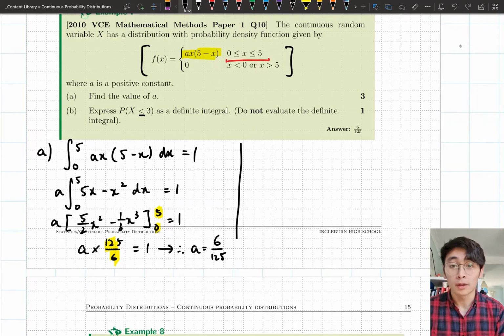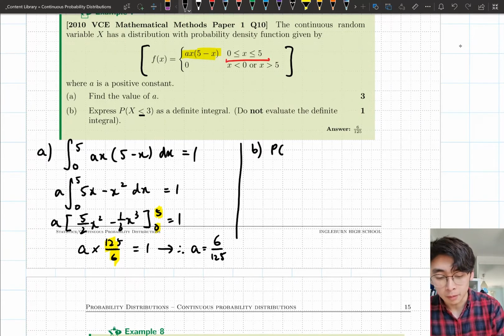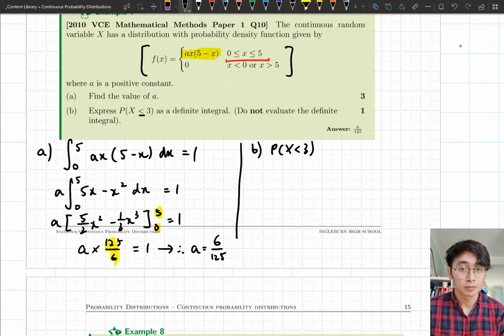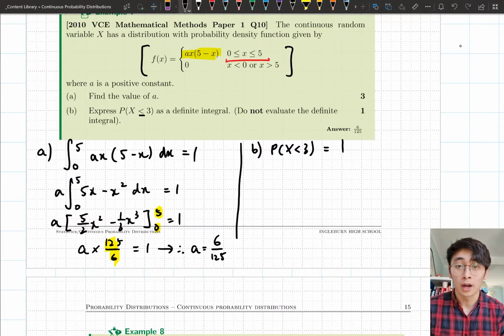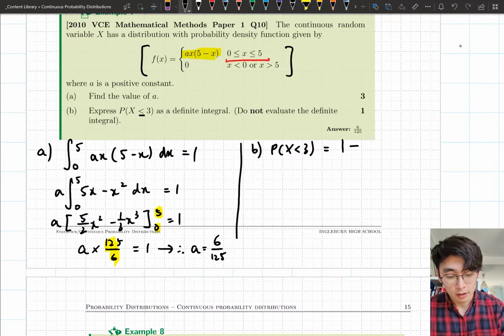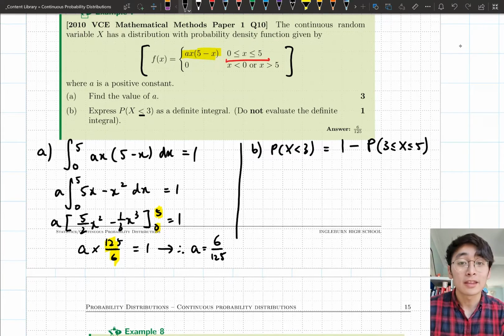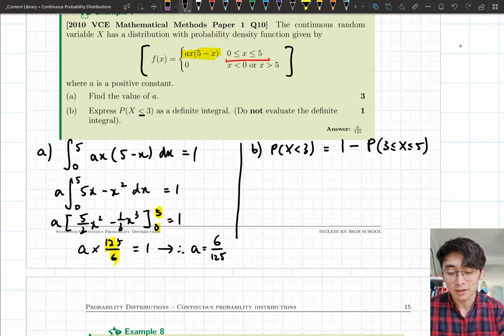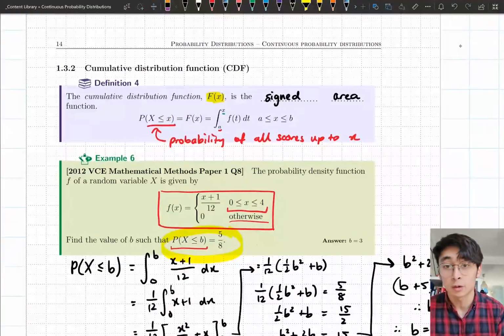For part B, if I want to find the probability of x less than 3, well, this is just going to be the whole probability, 1, minus the probability of x between 3 and 5. This one is actually not quite the same because here I don't have that less than or equal to. Notice in my definition, it's less than or equal to.